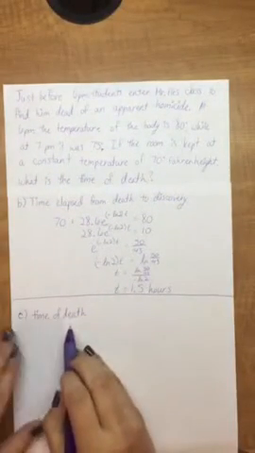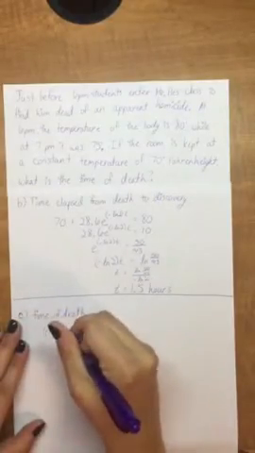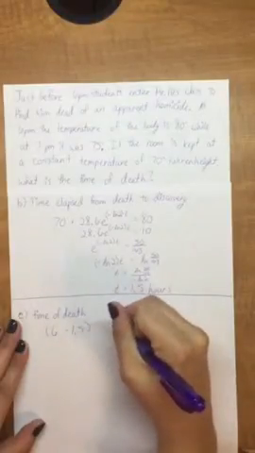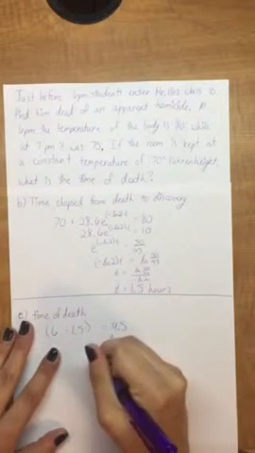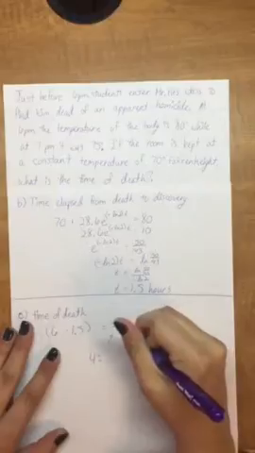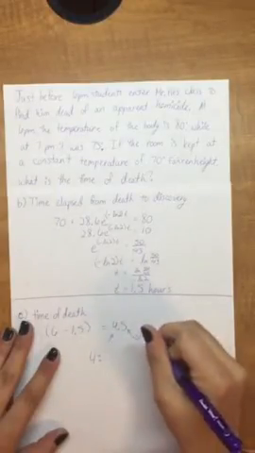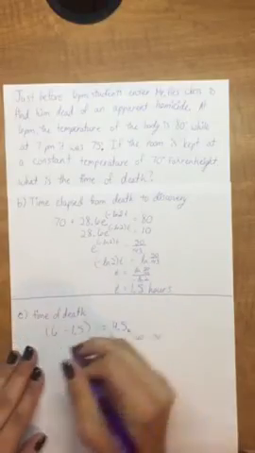To find the time of death, you would subtract the hours from 6, the time of discovery, which would ultimately lead to 4.5. Since the hours are going to remain at 4, and .5 times 60 minutes, since there are 60 minutes in an hour, is going to equal 30, making the time of death 4:30.